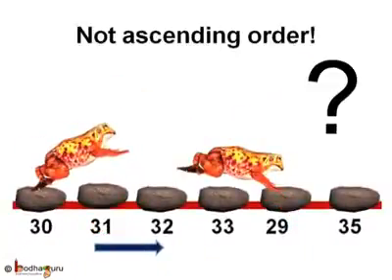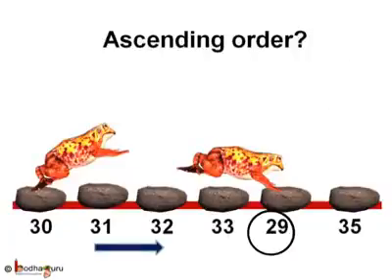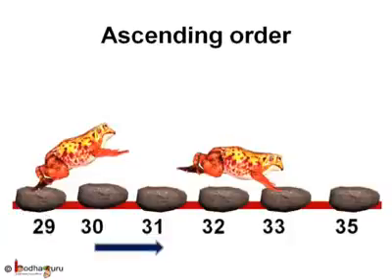What can be done to make it ascending order? 29 should have been placed before 30. Then only all the numbers will be in ascending order. See, 29, 30, 31, 32, 33 and 35.